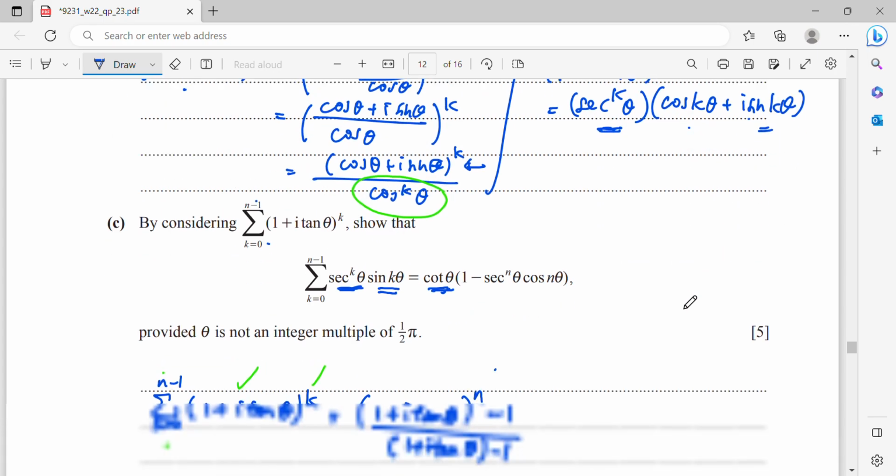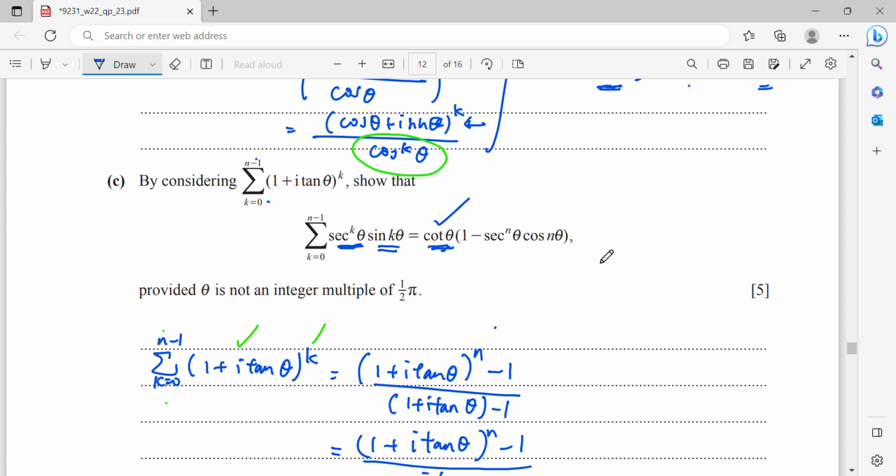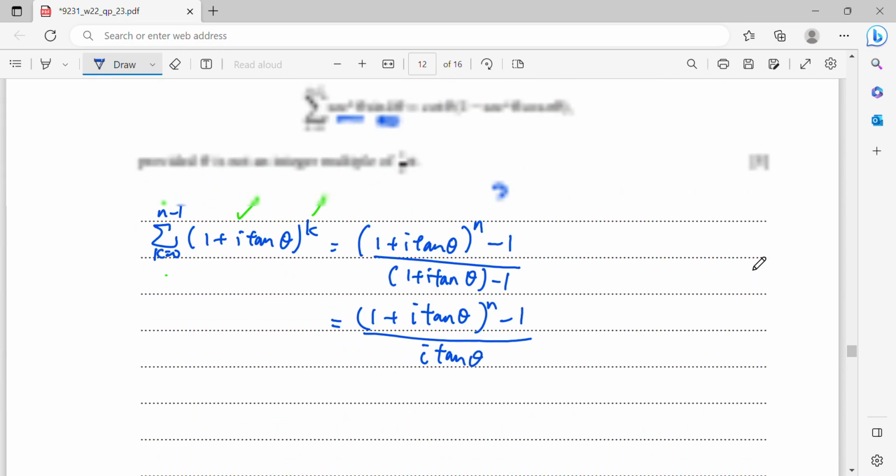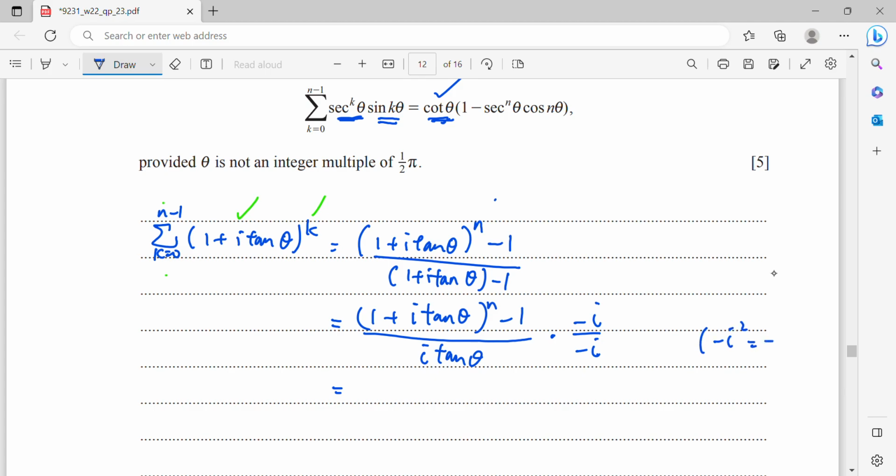So now, because we need to get the cot here, I'm not going to times the conjugate for the tangent here, right? The i tangent theta, supposedly the conjugate is minus i tangent theta. So now we need to keep the tangent theta in the denominator. So I times minus i over minus i, the conjugate. So now the minus i is minus i times i, right? Minus i squared, it is minus 1.